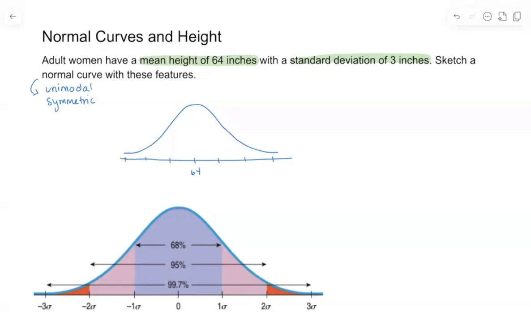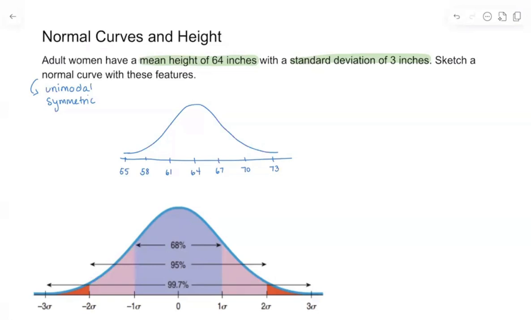So let's add standard deviations. So we're going to add 3. So 64 plus 3 is 67. 67 plus 3 is 70, and 70 plus 3 is 73. Now we're going to subtract the standard deviation going in the other direction. So we get 61 inches, 58 inches, and 55 inches.